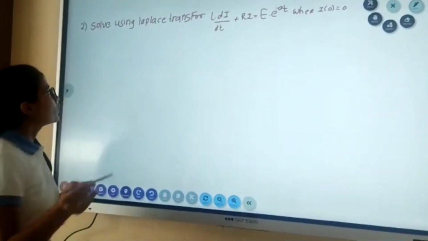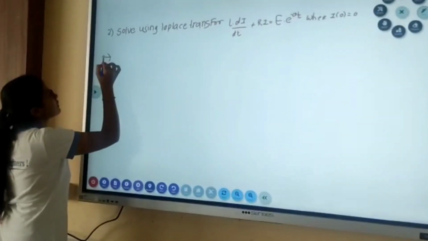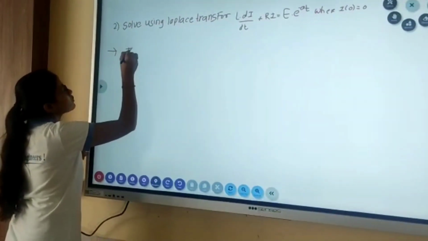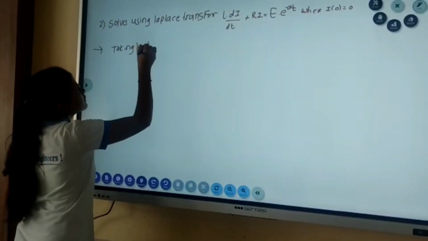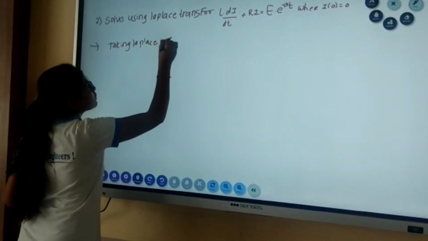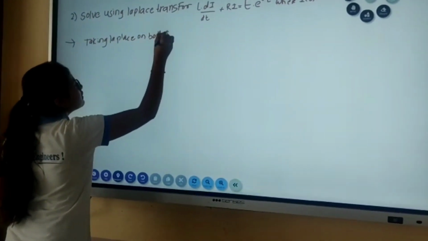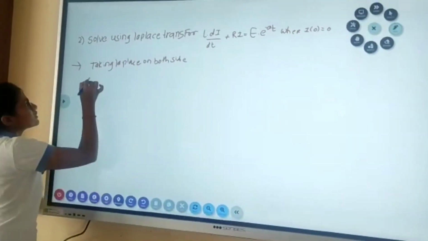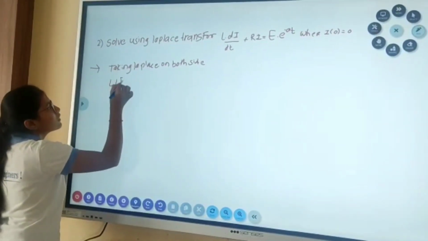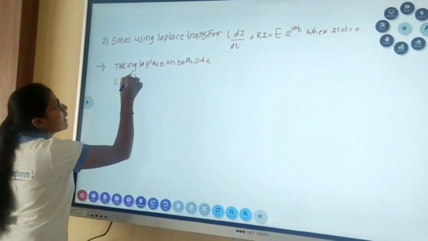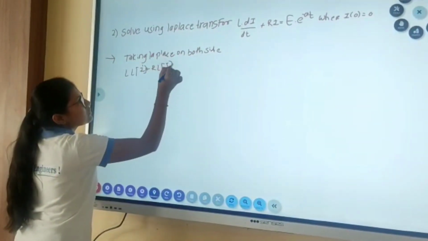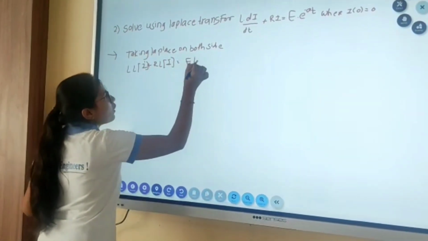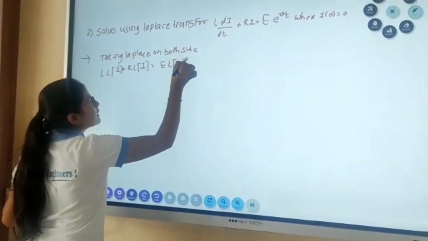RL circuit. So here we will apply the same steps: taking the Laplace on both sides. Therefore, the equation is L into Laplace of I' plus R into Laplace of I is equal to E into Laplace of e raised to minus at.